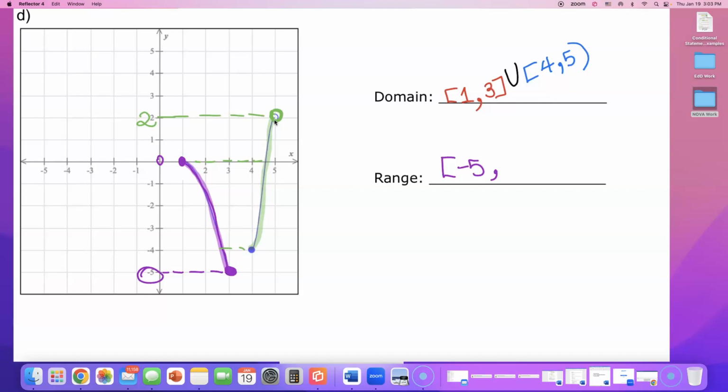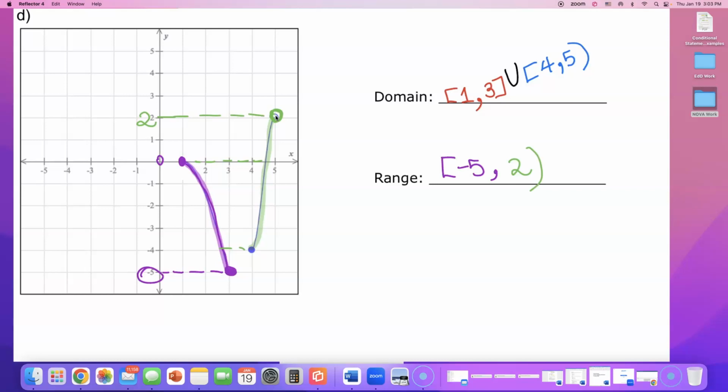So I can just say, well, the lowest point was marked by this purple graph. That was -5. They had this overlap. Even though the purple one ended at 0, the green one started at -4 and kept on going up until 2.